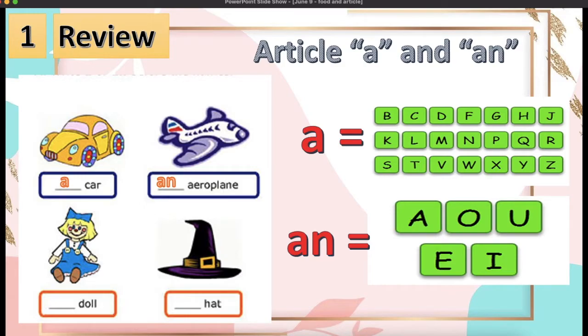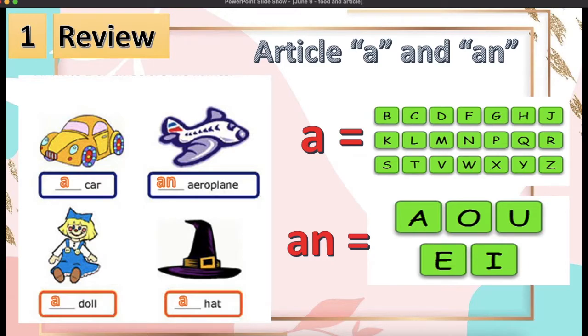It starts with letter D and it sounds D. We are going to use a doll. Now, for the last one, hat. We use letter H and it sounds H, of course. So we are going to use a hat.